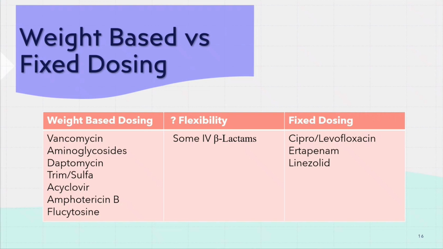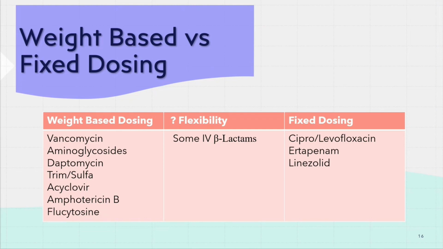So I touched on this idea earlier of a weight-based agent versus a fixed dose agent. And so I just wrote some examples of agents that we're all familiar with being weight-based versus, on the right side there, agents that are probably more fixed dose. And there's certainly many more agents that fall into that fixed dose category.